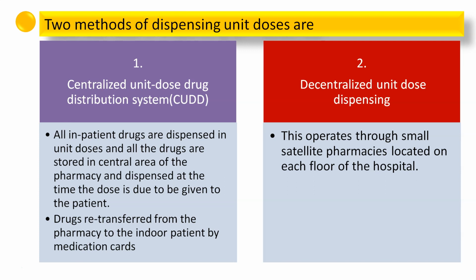So this is the complete picture of the two methods of dispensing unit doses, centralized followed by decentralized. There will be satellite pharmacies located on each floor. Every floor will have a satellite pharmacy. This is the decentralized unit dose dispensing system.